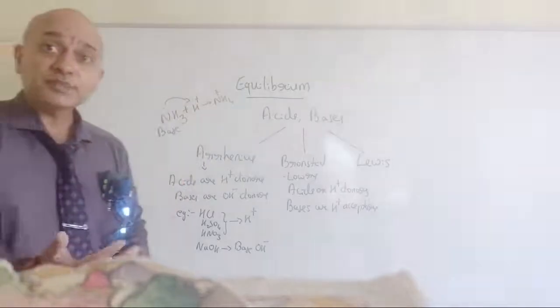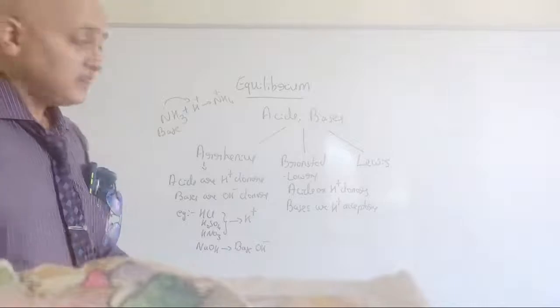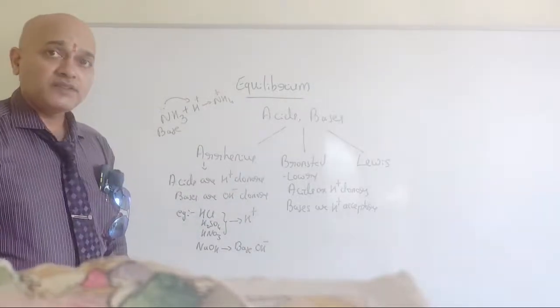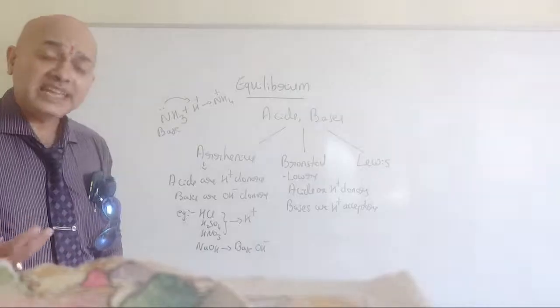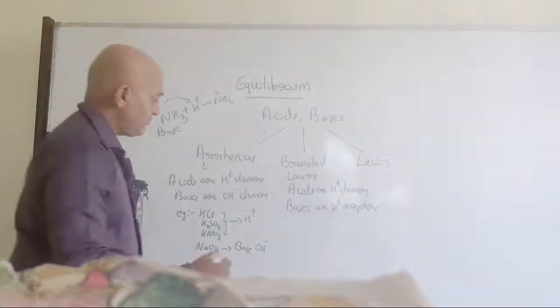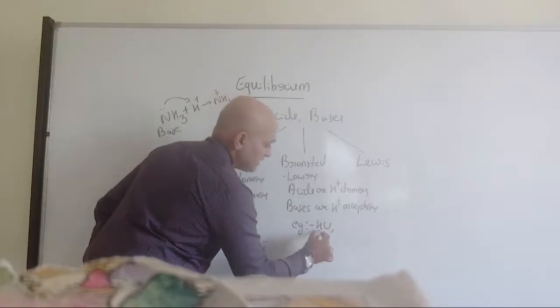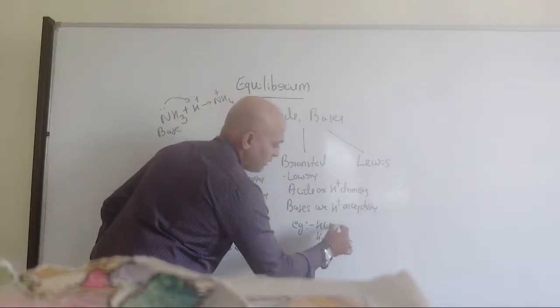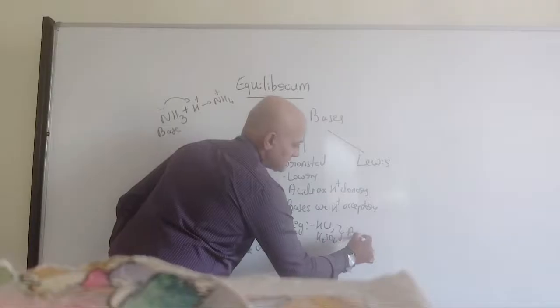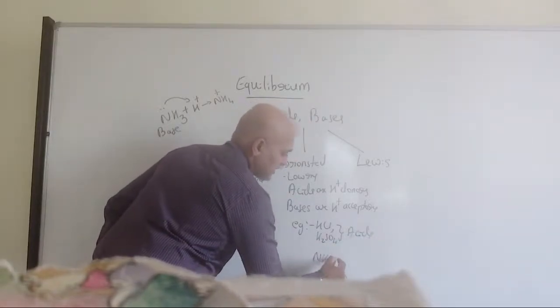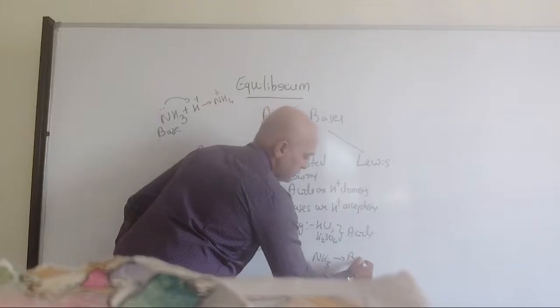So it's an H plus acceptor, and therefore we can call it a base. Fine? So naturally HCl, sulfuric acid, all of them can be considered as acids, and ammonia can be considered as a base.